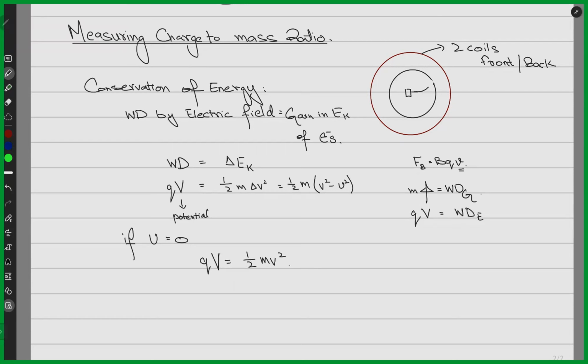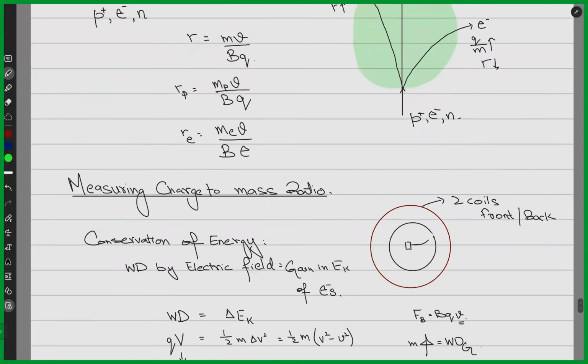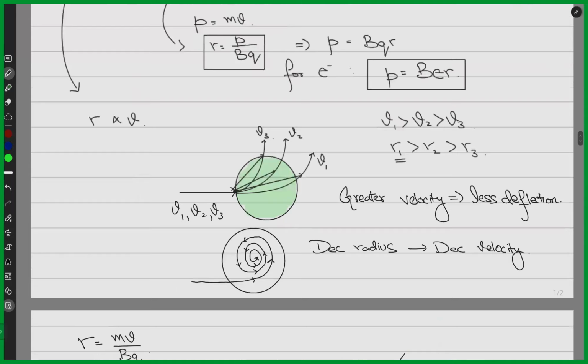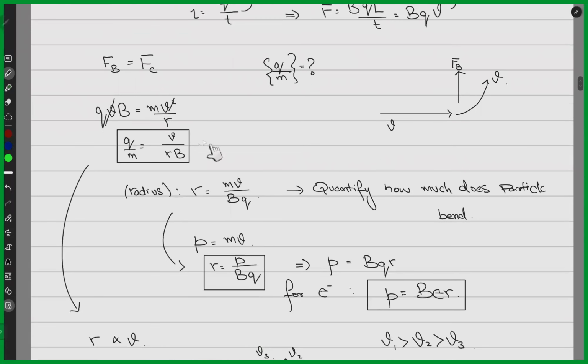And now, what we were looking for since the beginning was a charge to mass ratio, right? But whatever I'm doing right now is to determine velocity in terms of potential difference, so that I can go back and replace that in the charge to mass ratio. Where did I write that? Q over m, this one. So I want to replace the velocity with a potential difference type of term.